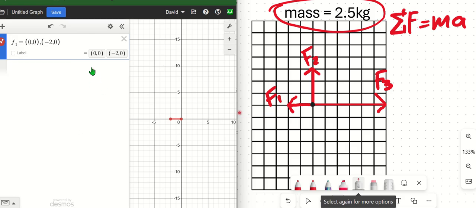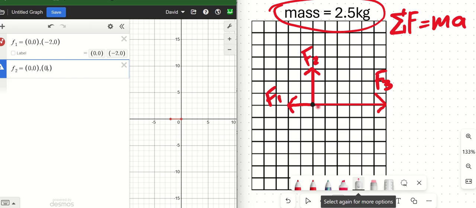Now I'm going to add in my second force vector. So F2, again, we always start with our origin. And now I'm going to use the x and y components as my second point. So my x component for F2 is going to be 0. There's no part of this arrow right here that is in the left and right direction. So this is going to be 0.